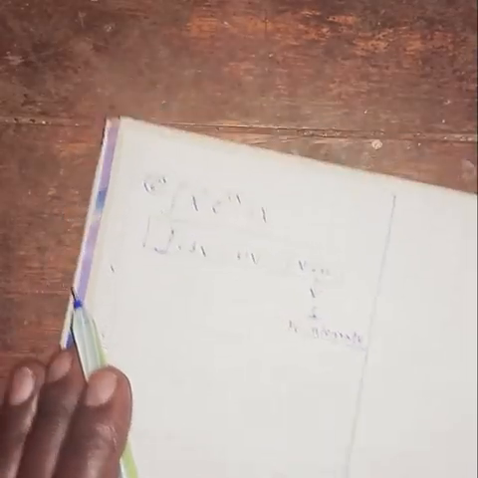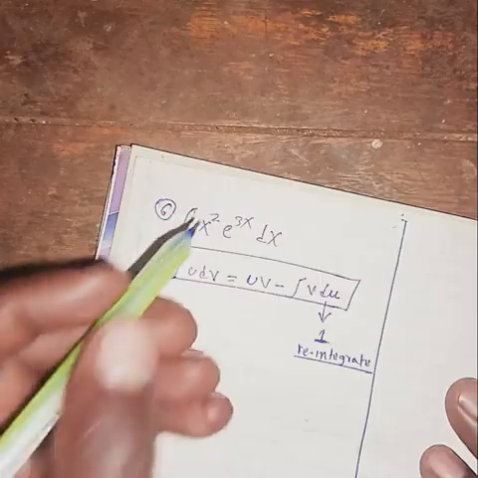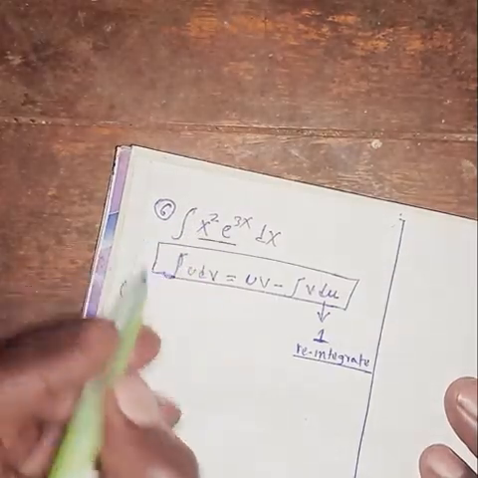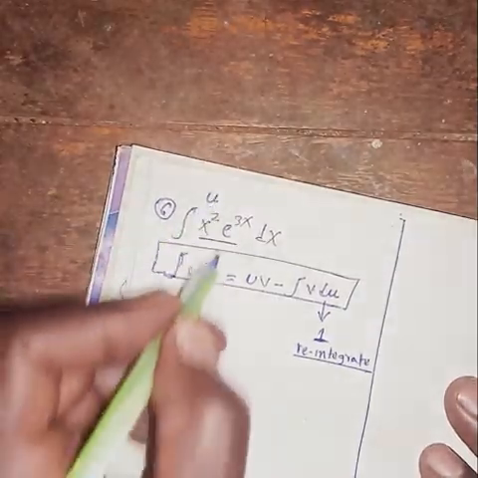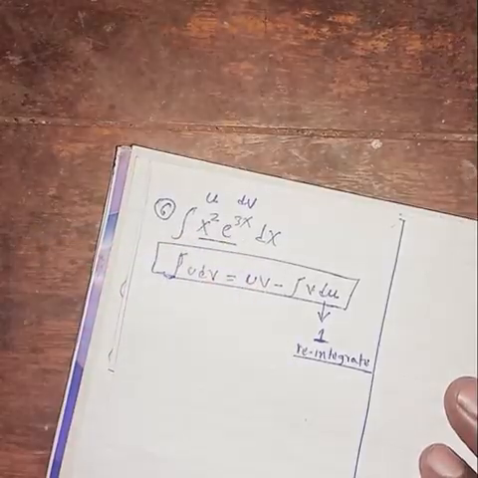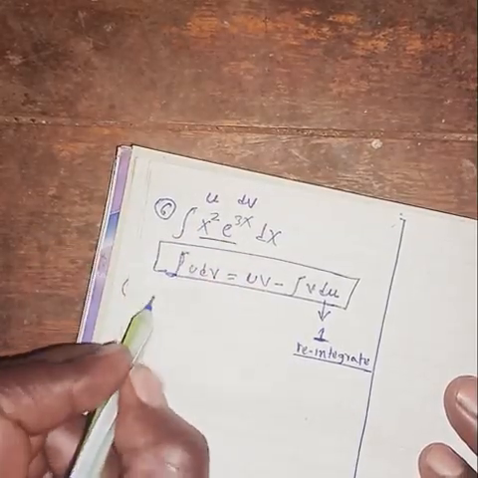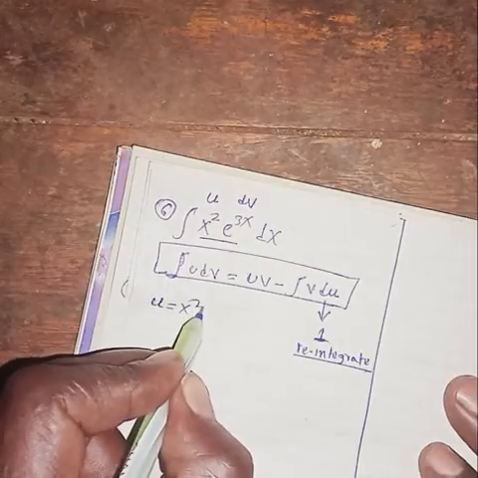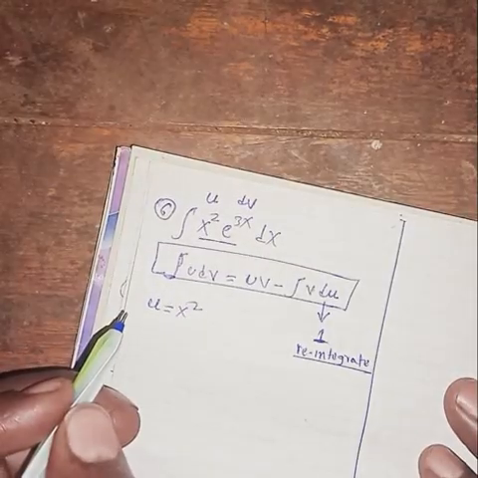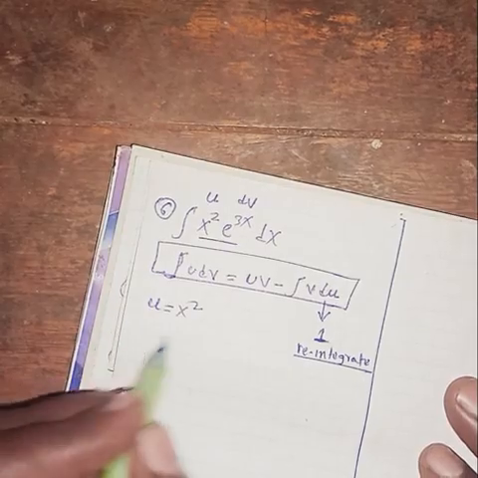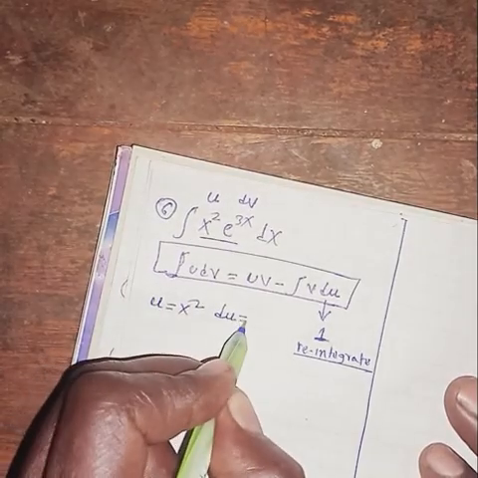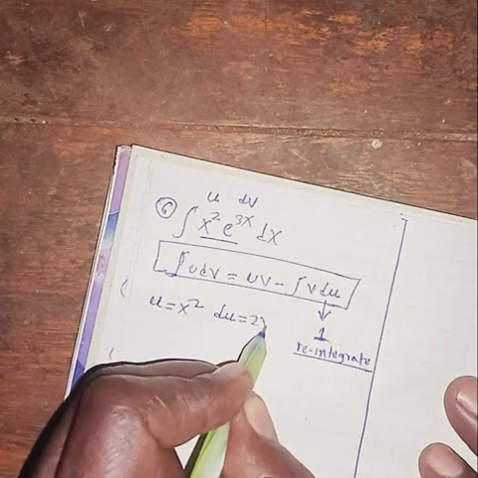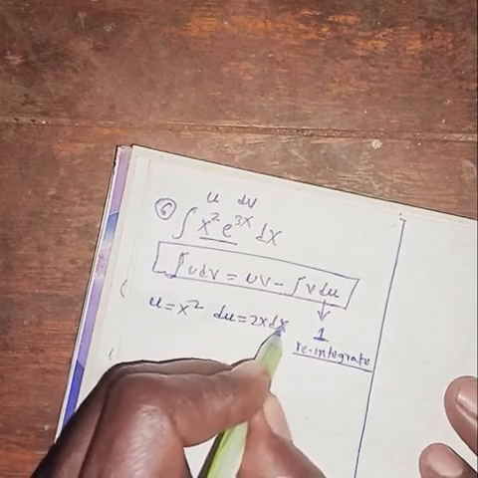Just as the name by parts says. This is the u side and the v side. So the u side is x square. Du now will be 2x dx.